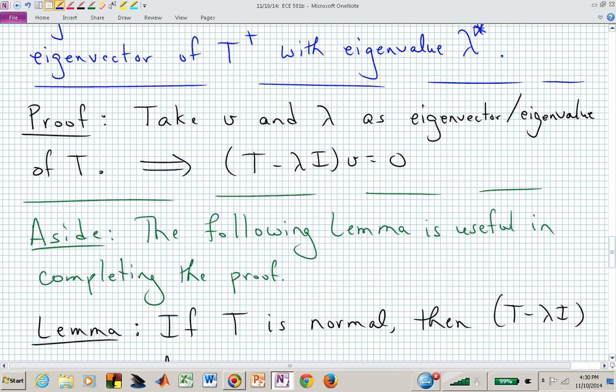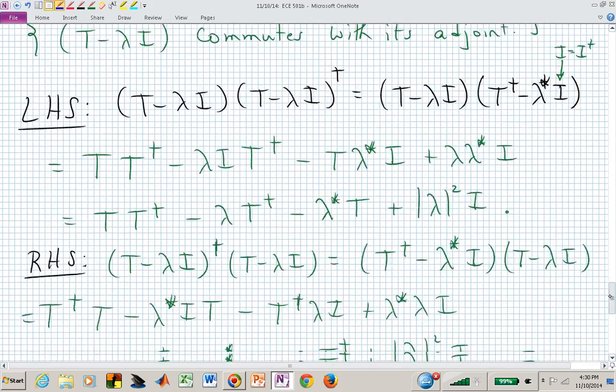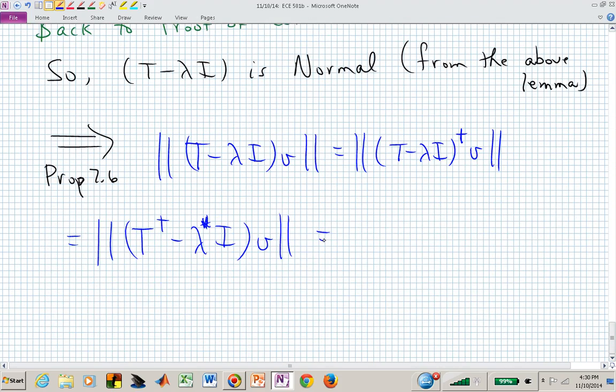That was coming to us from the eigenvalue-eigenvector relationship, and that was equal to 0. So if that's the 0 vector, then we know its norm is 0. We started with this being equal to 0. Now we've shown it's equal to the norm of T dagger minus lambda star I v, and that also is equal to 0.